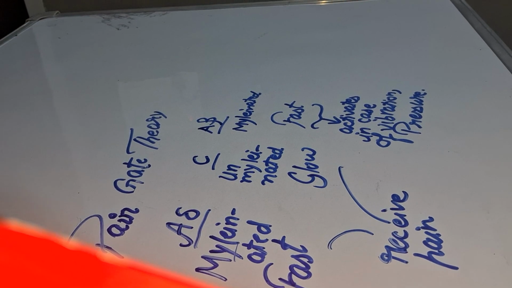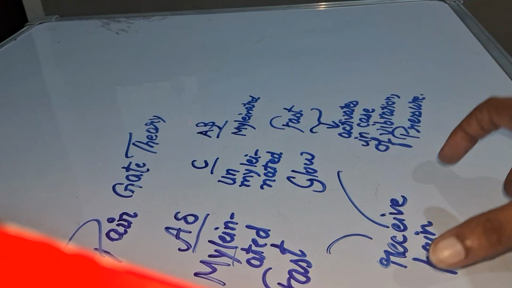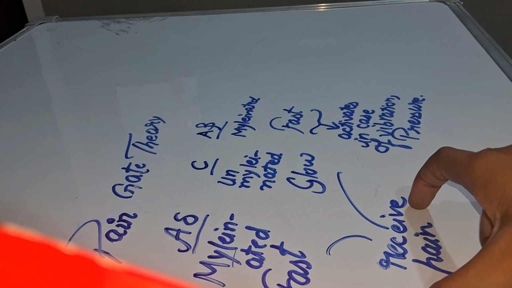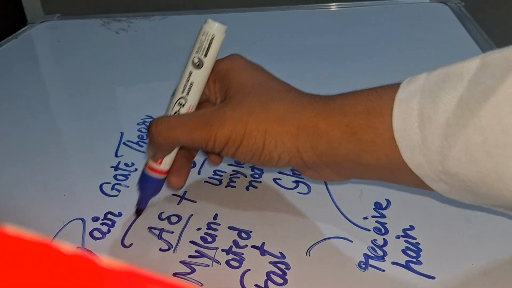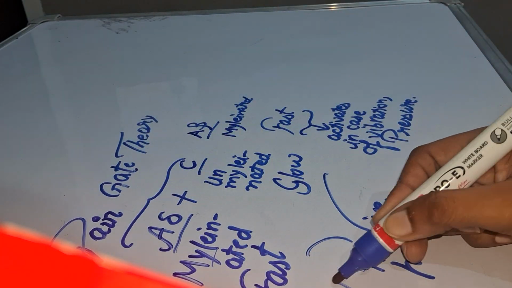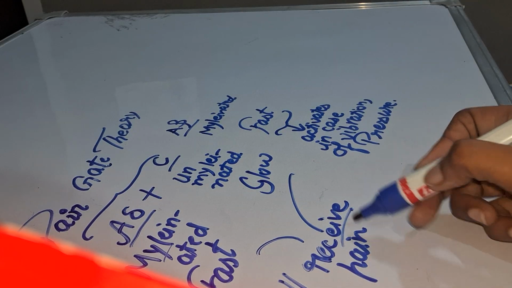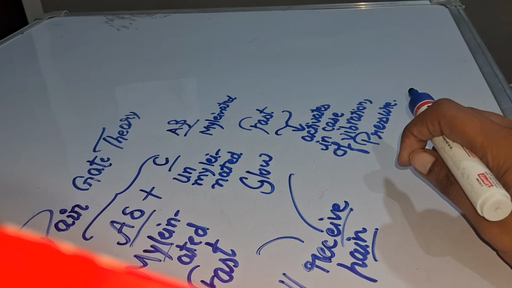When A delta fibers and C fibers activate, they receive the pain or transmit the signals of pain. They both are responsible for receiving and transmitting the pain. It helps in conduction of the pain.